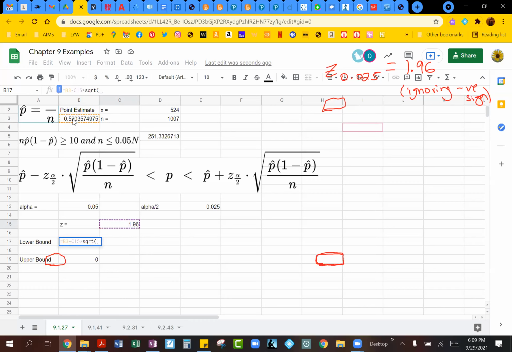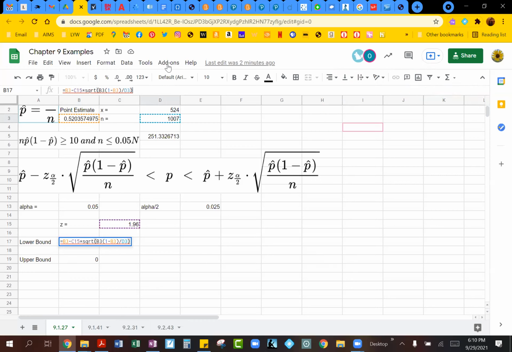So that's going to be, again, p hat multiplied by 1 minus p hat. So you can see that gives us our numerator, and then divided by your n value, which is 1007. And again, guys, I'm just using the cells to do the calculations, but instead of the cells, you can definitely do the actual number.